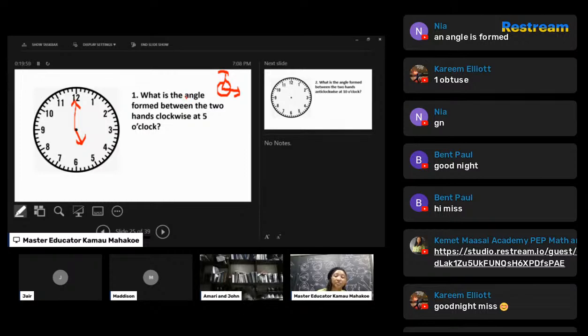Greater than 90, less than 180. Yes, it could be two obtuse angles. But automatically two angles are formed. That's what we're saying, right? Yes, miss.